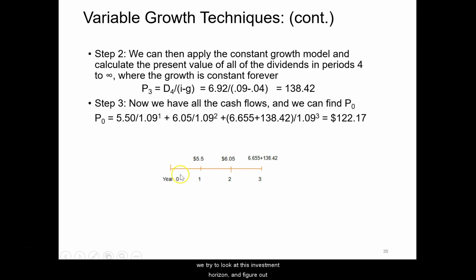And then we try to look at this investment horizon and figure out the price we want to pay for the stock today based on the dividends that we expect to receive from the stock and the final sale price, which is also the terminal value of the stock when we try to sell the stock at the end of the high growth period.